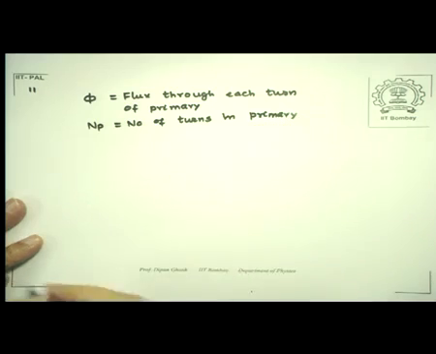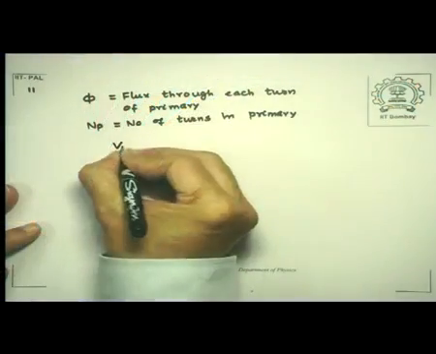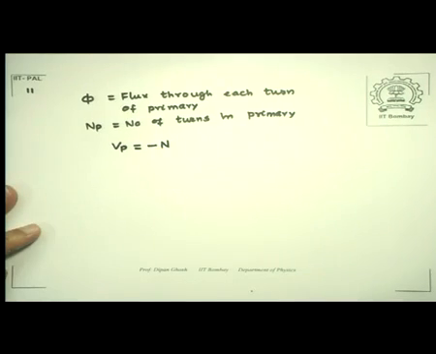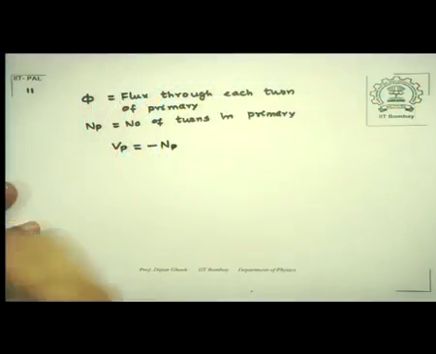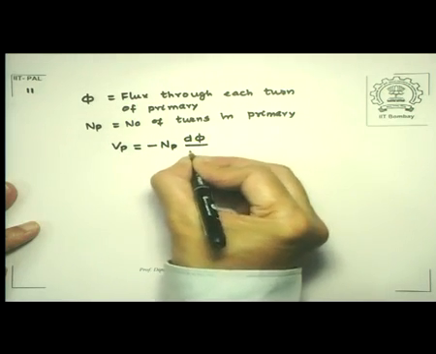Now notice, since I have assumed that the resistance in the primary circuit is equal to 0, which is an unphysical assumption, but let's stick with that right now, my voltage in the primary circuit must be exactly balanced by the back EMF, because otherwise the current will become unphysically large. So Vp is Np d phi by dt.